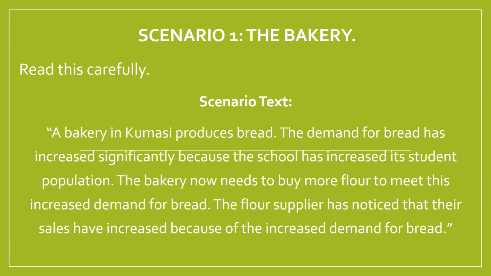A bakery in Kumasi produces bread. The demand for bread has increased significantly because the school has increased its student population. The bakery now needs to buy more flour to meet this increased demand for bread. The flour supplier has noticed that their sales have increased because of the increased demand for bread.